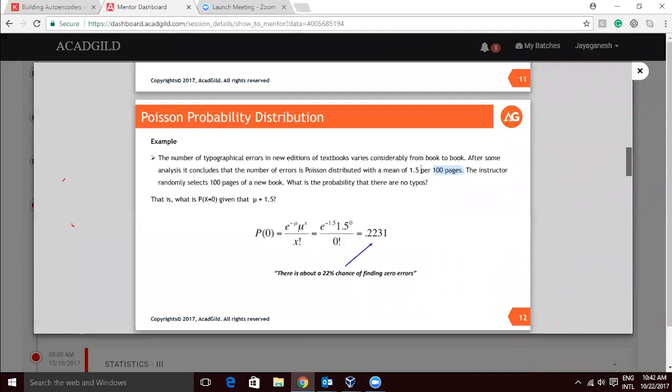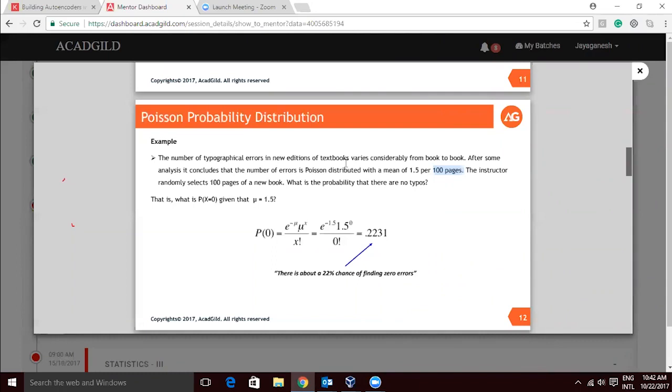So when I go through the first 100 pages, I find errors with a mean of 1.5. Simple. Now think about this scenario.